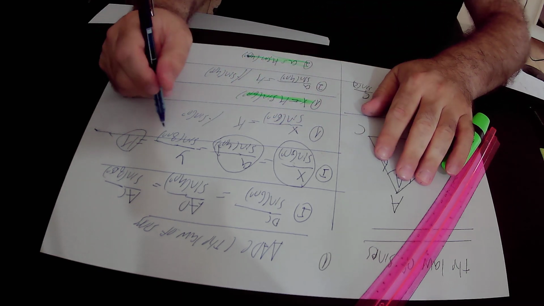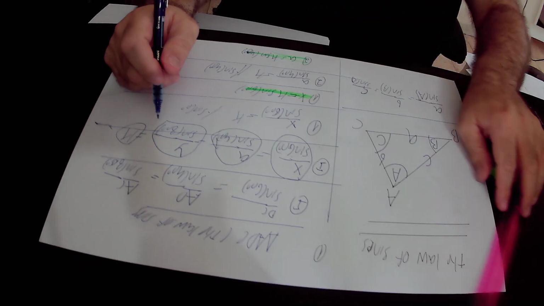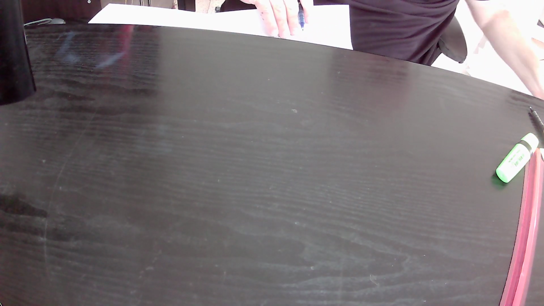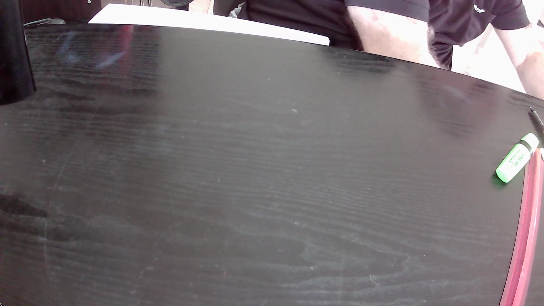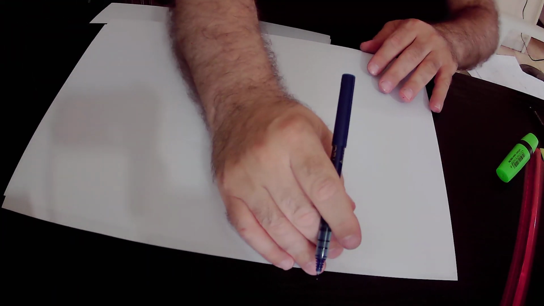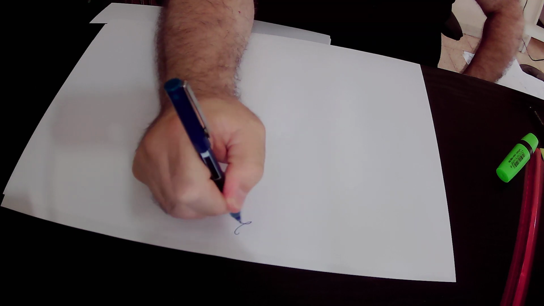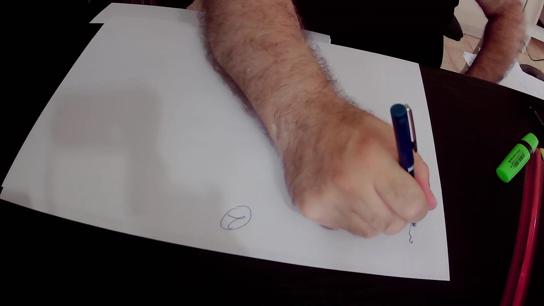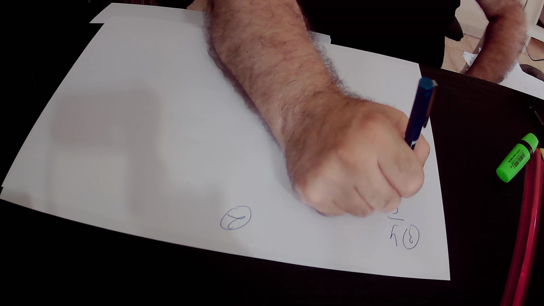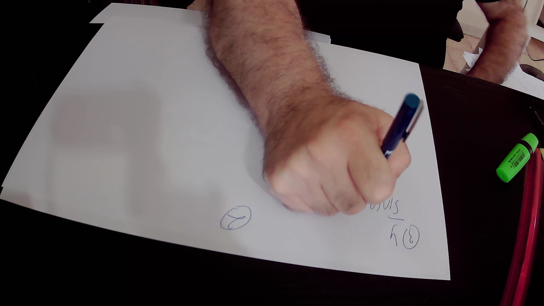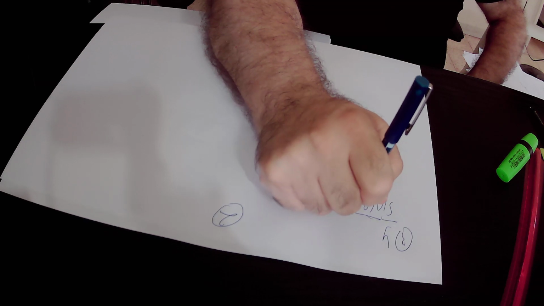That is to say, y over sine of 80 degrees is equal to k.